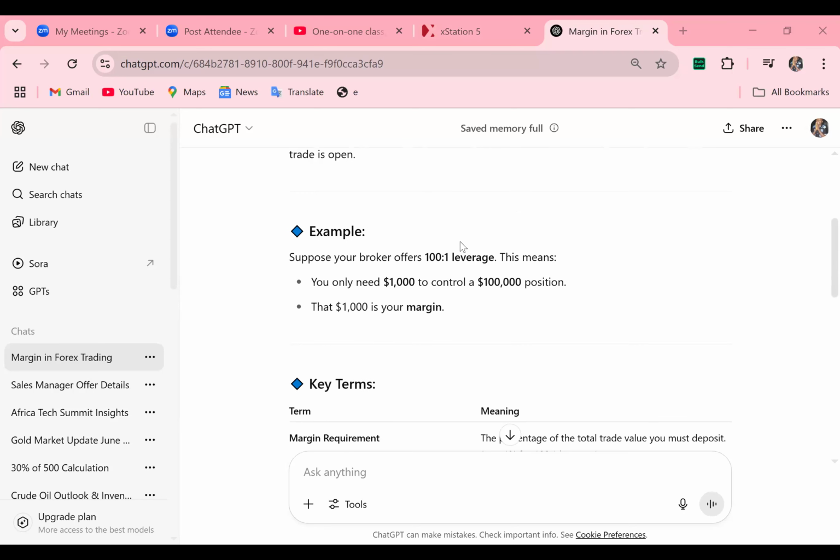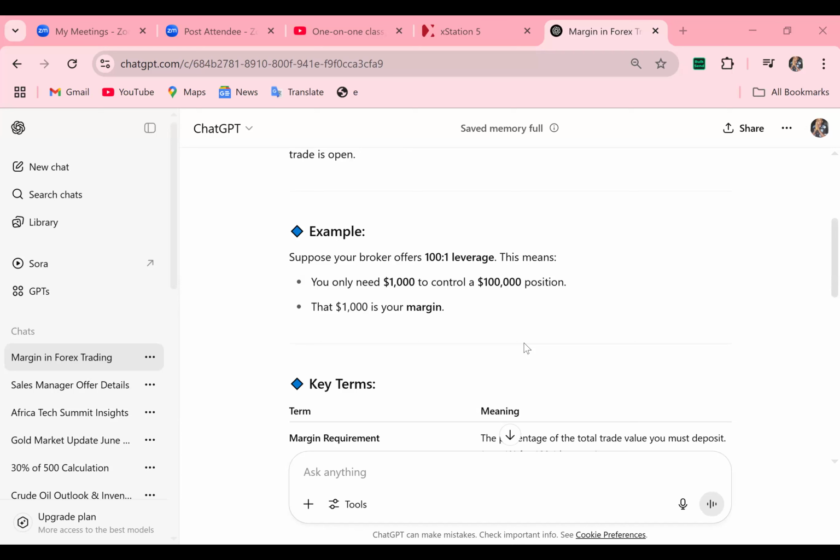Now, he gave us another example. Suppose your broker leverage is 1:100. This 1:100 means 100 times. It means your capital is multiplied a hundred times. For example, if you have $1,000 and you're on 1:100, that means $1,000 times 100.